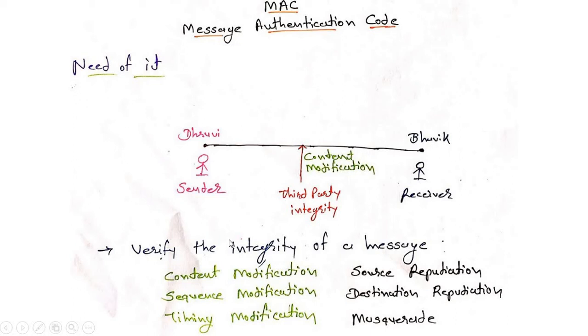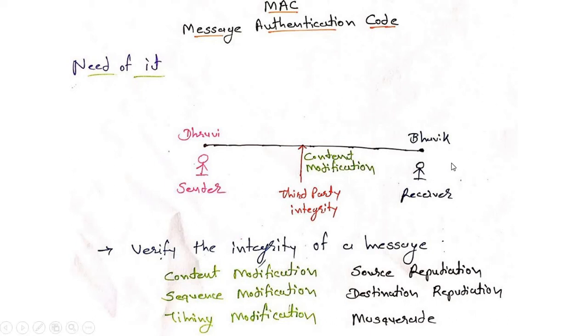What happens here? Suppose Dhruvi is sending a message in 5 different packets, P1, P2, P3, P4 and P5. Like a third party, some malicious user can hack the channel and modify the sequence of packets. A hacker will make it P3, P2, P4, P5 and P1.